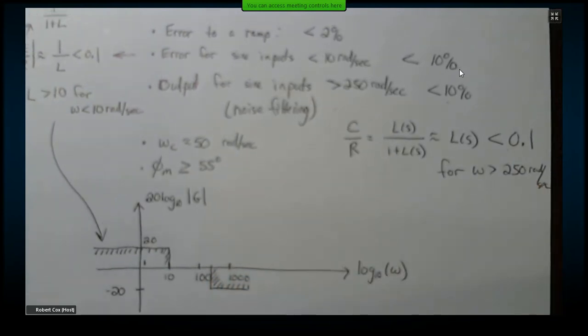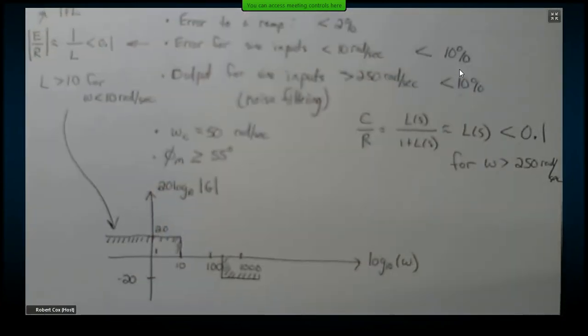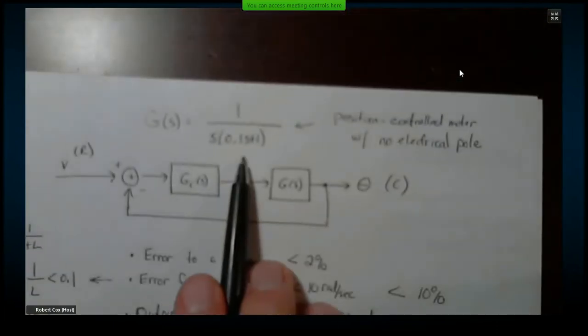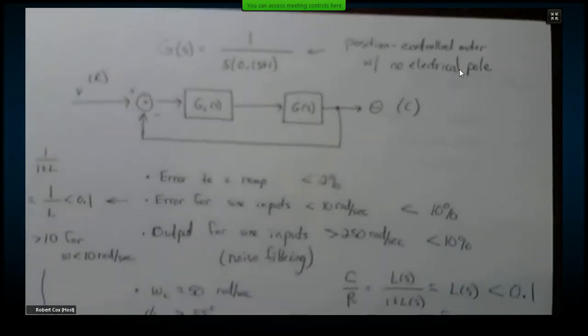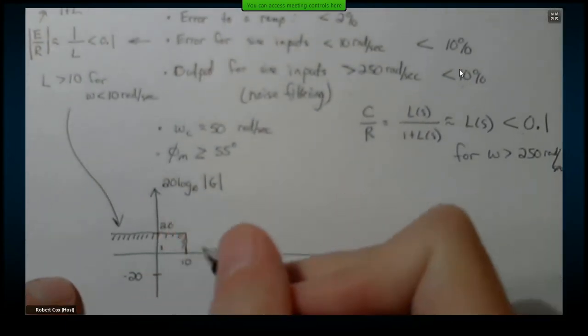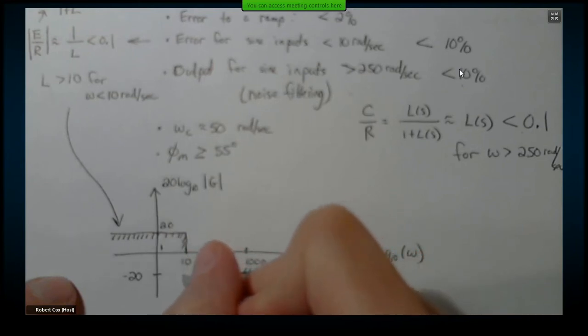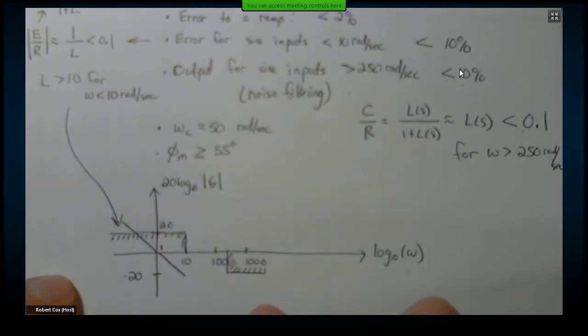Okay. Now at that point, the easiest thing for me to do is to say, all right, let me plot G of S uncompensated on top of this guy. All right, now here's my original G of S, 1 over S times 0.1 S plus 1. So if I do that, I'm going to be falling at 20 dB per decade for a while. Right, and I would cut through right here.